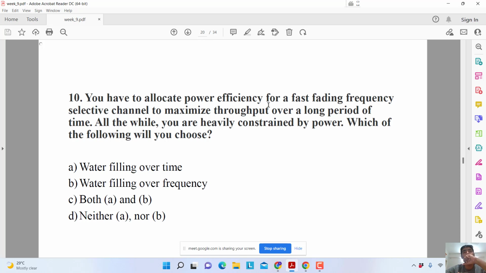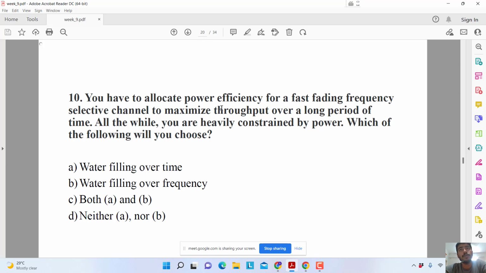Question: you have to allocate power efficiently for a fast fading frequency selective channel to maximize throughput over a long period of time. All the while you are heavily constrained by power. Which of the following will you choose? Channel is given fast fading frequency selective channel.